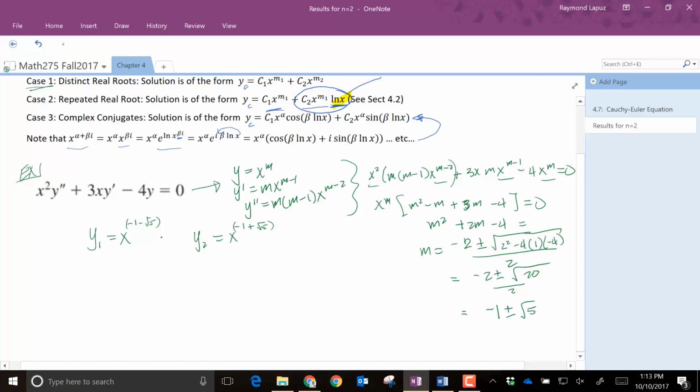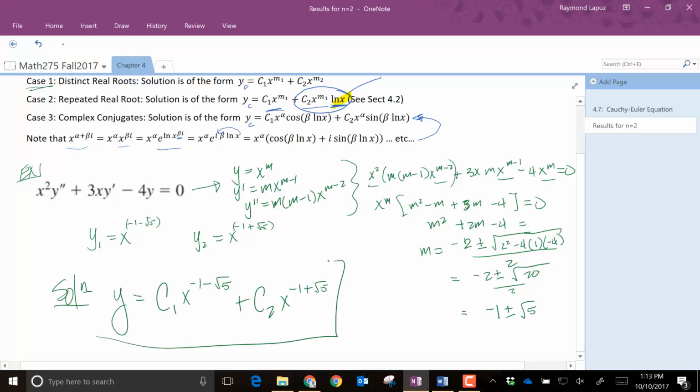Those exponents are just numbers, so each is just a power function. And then that's your solution, with your constants in front, in any order you want. Okay, any questions? Seems pretty straightforward, maybe.